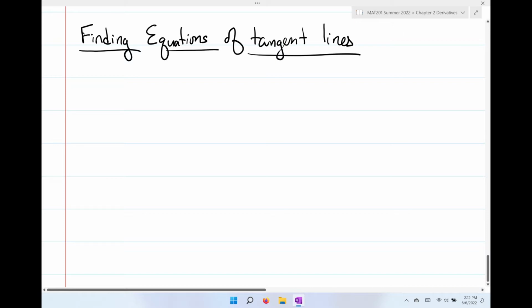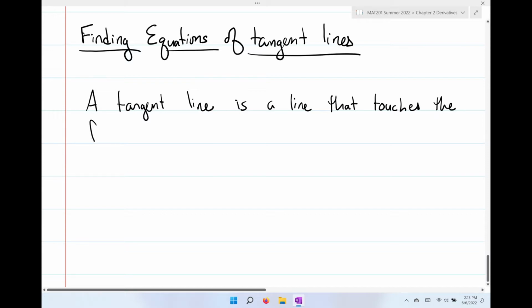All right. So this entire first video is all about this central concept right here, which is finding equations of tangent lines. Now, recall a tangent line is a line that touches, it doesn't go through, it touches the function once. Okay, and we know that in order for this to happen, the limit has to exist.